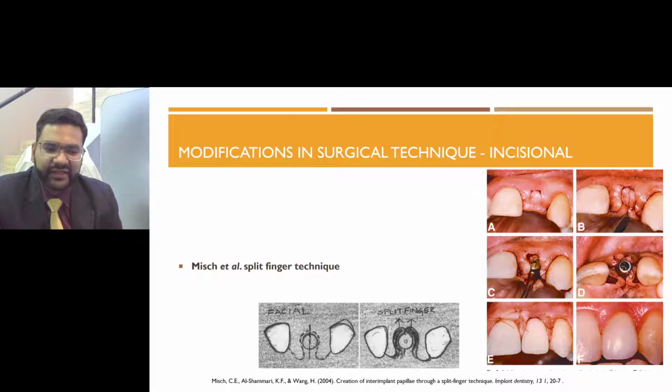The facial fingers are elevated to the desired inter-implant height for the papillae, and then the palatal fingers would be split and they would be joined in between. So they are joined here and then here. Once it is sutured with a vertical mattress suture, it gives a very good papilla height.